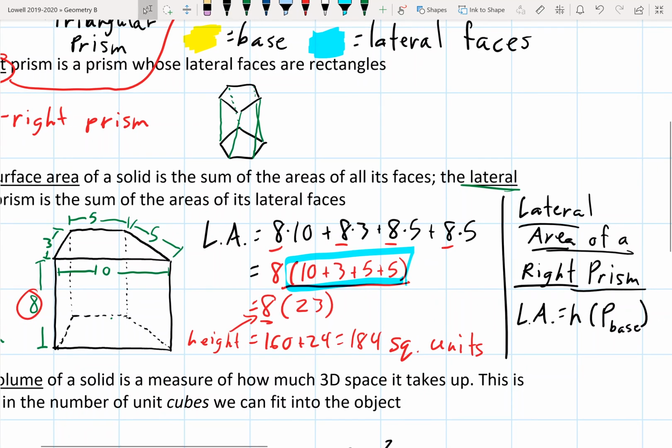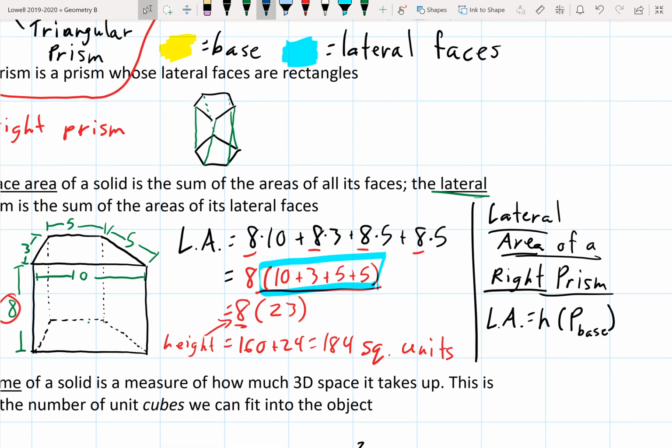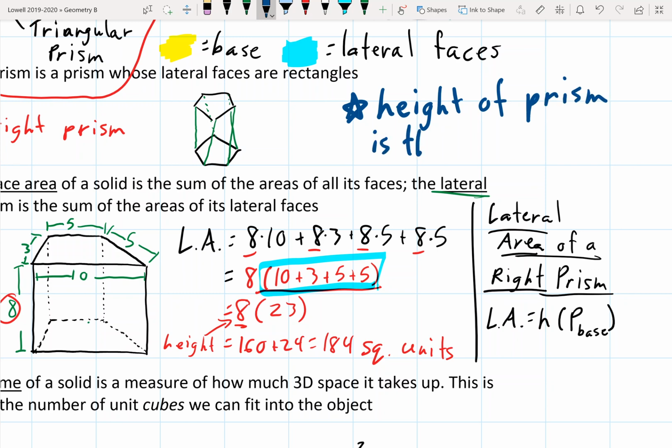Okay. Just remember that the height here, I should maybe emphasize that, forgot to do that up here. The height of a prism is the perpendicular distance between the bases.